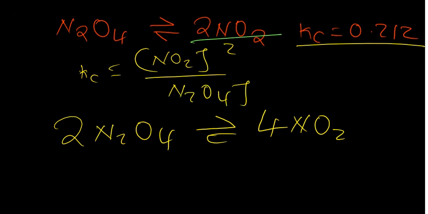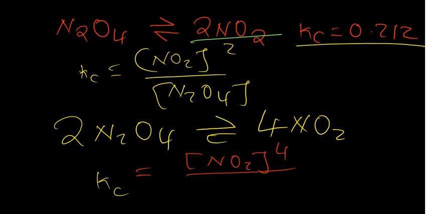Now if you look at the second one, our Kc value is going to be, for our product, NO2 to the power 4, and then down we have N2O4 to the power 2. So what can you see?